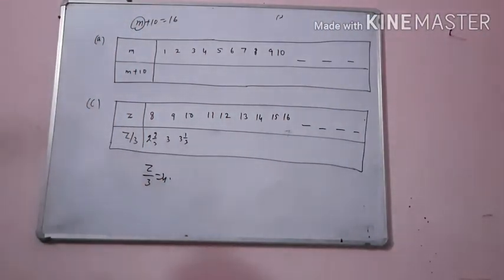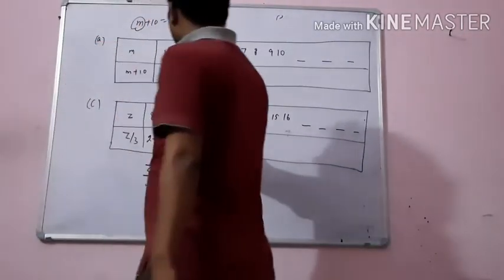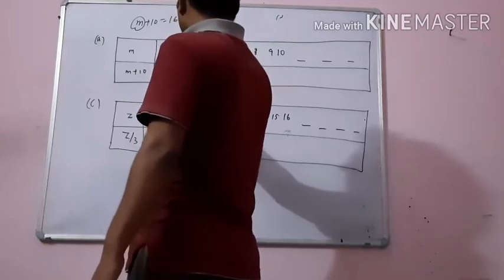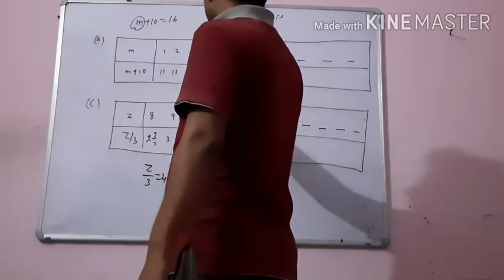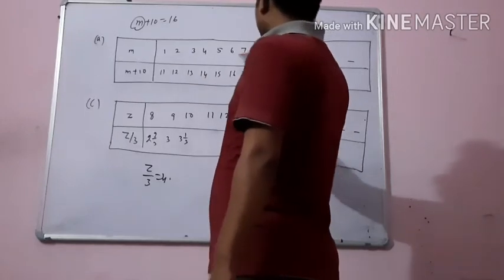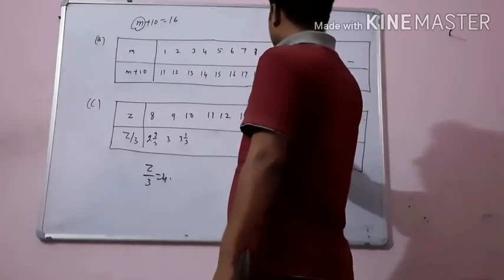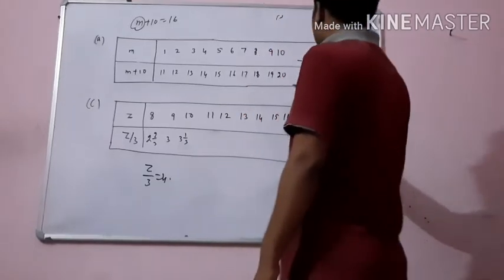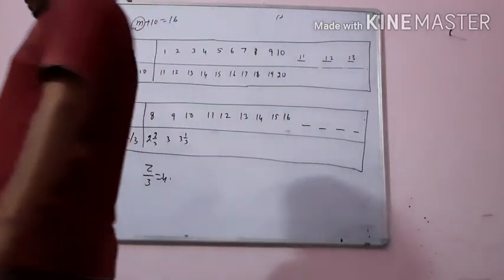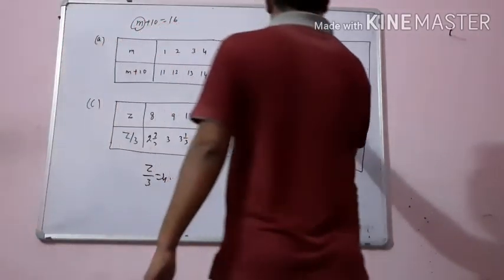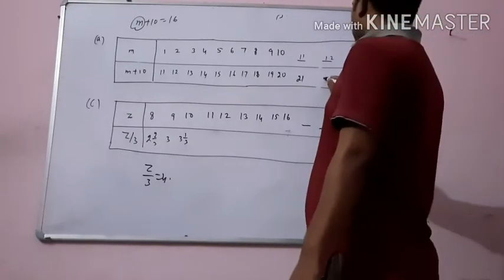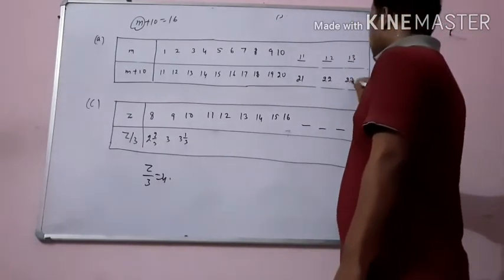When m plus 10: 1 plus 10 is 11, 2 plus 10 is 12, 3 plus 10 is 13, 4 plus 10 is 14, 5 plus 10 is 15, 6 plus 10 is 16, 7 plus 10 is 17, 8 plus 10 is 18, 9 plus 10 is 19, 10 plus 10 is 20. Now fill in the blank: 11, 12, 13. 11 plus 10 will be 21, 12 plus 10 will be 22, 13 plus 10 will be 23.